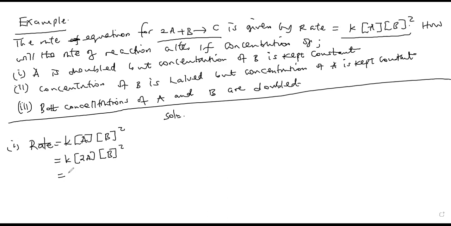If we pull out 2, it will be 2K, then A, B squared, implying that this is what you had originally, before involving a 2. So it is twice the original. We shall conclude and say that the new rate is twice the initial rate.